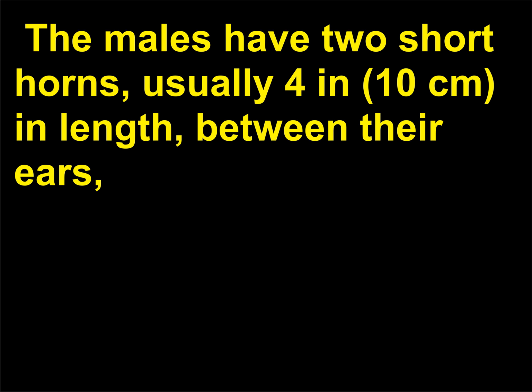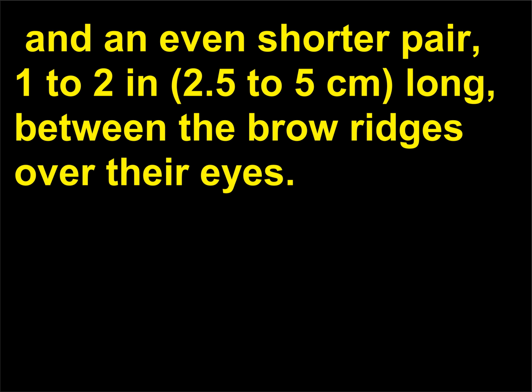The males have two short horns, usually 4 in, 10 centimeters, in length, between their ears, and an even shorter pair, 1 to 2 in, 2.5 to 5 centimeters, long, between the brow ridges over their eyes. Not all males have 4 horns, and in some the second pair eventually falls off. The females have no horns at all.